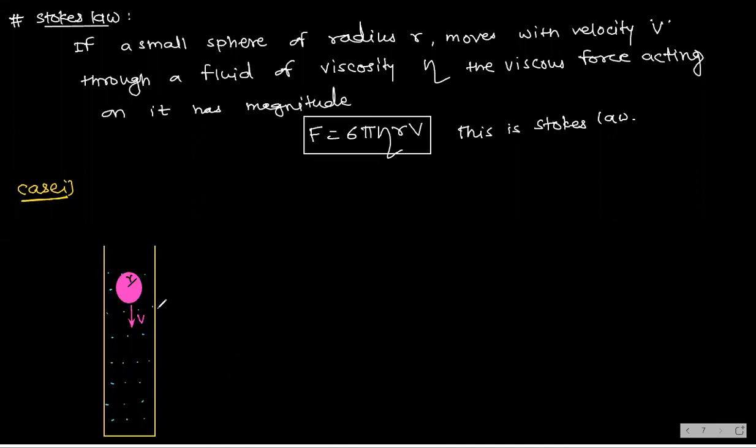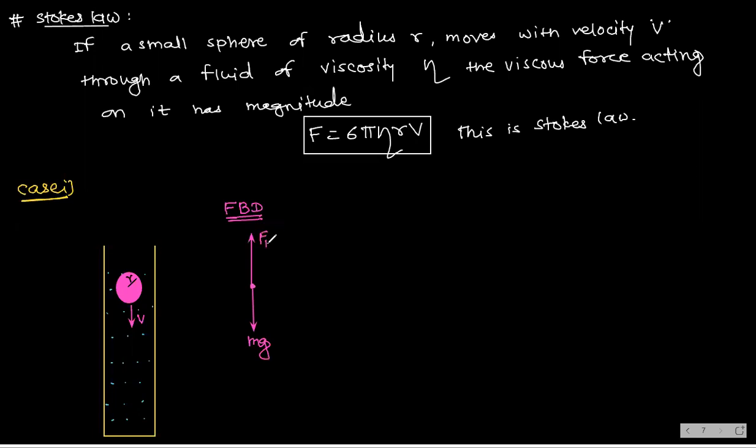Now how many forces will act on this? Let's see the FBD, the free body diagram. First of all, its weight, mg, which is acting in the downward direction. Next you have the buoyant force, which is acting in the upward direction.